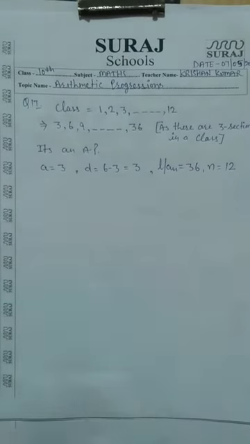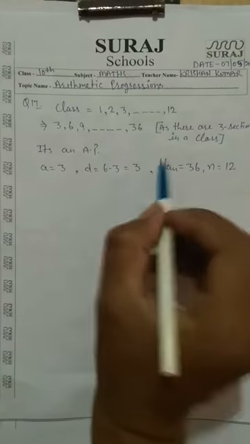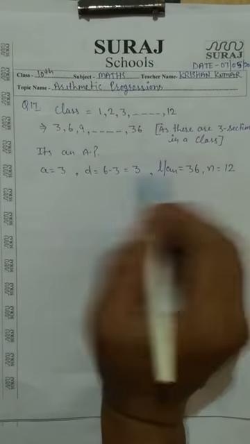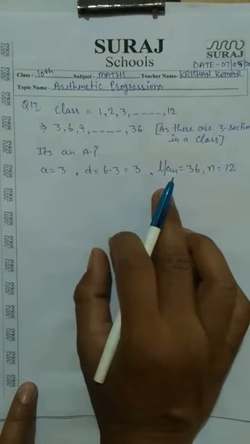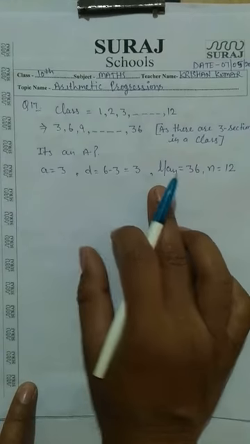So beta, which formula of sum do we apply here? Here we apply Sn equals n upon 2 in bracket A plus L, because L is given, N is given here also, D is given, A is given. All are given for both formulas, but the second is better.